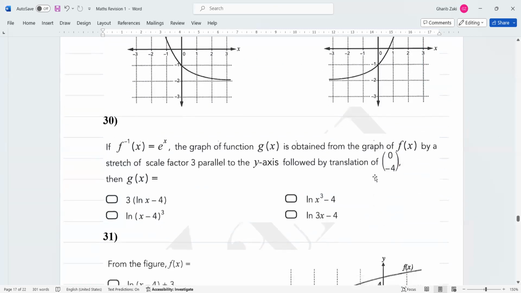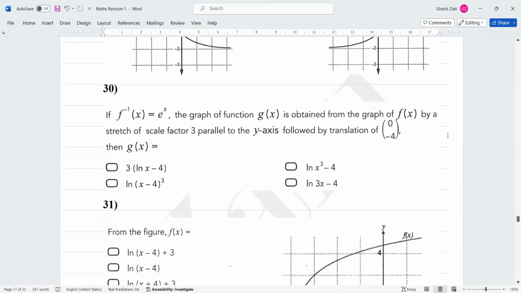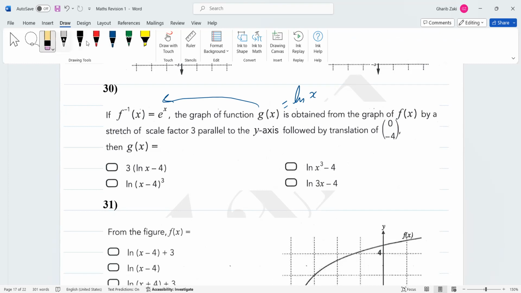Now, in number 30, he said f inverse of x equals e power x. g of x is obtained from f by g of x. Okay, what is g of x? It is the inverse function. So the inverse function is ln. Okay, sorry, f of x is ln x. This is f inverse of x, not g of x.